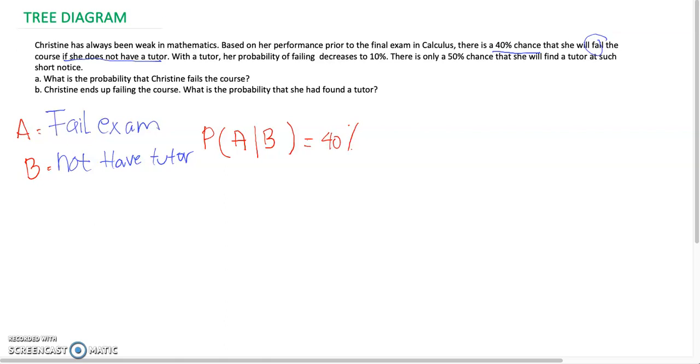And the second information is with a tutor, the probability of failing decreased to 10%. So if B is not have tutor, then let's define B complement as have tutor.